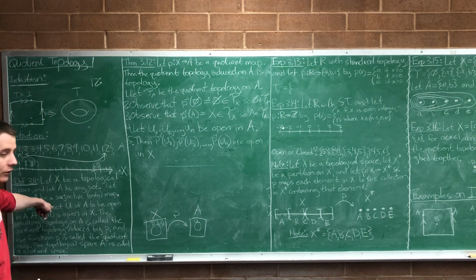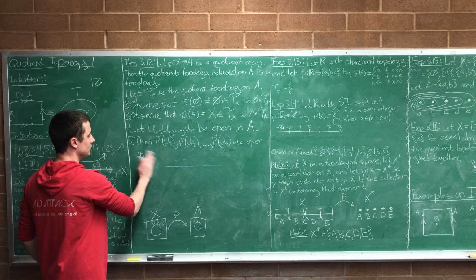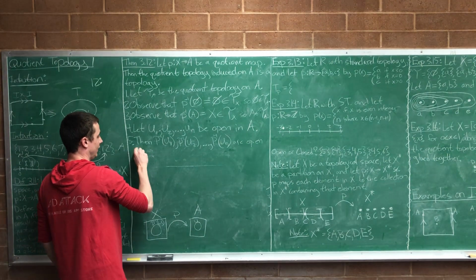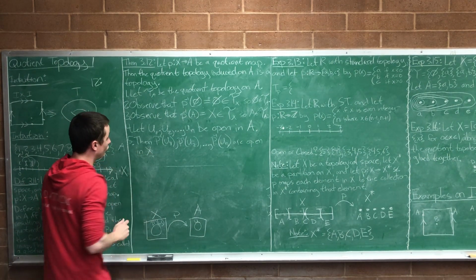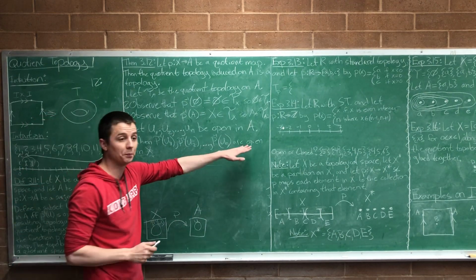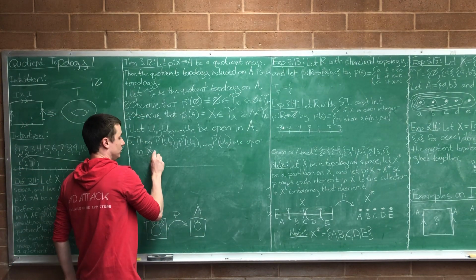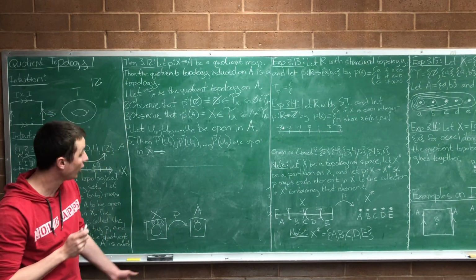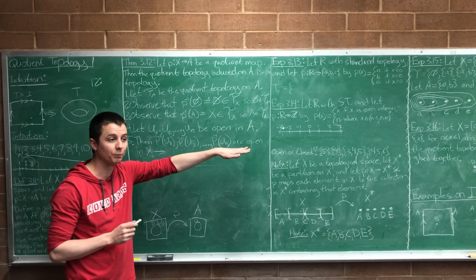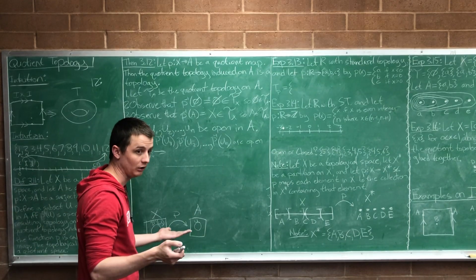Am I overstressing that? In X. So, then those are open in X, and we know, since there's already a topology on X, then the intersection of those is open in X, by definition of a topology.